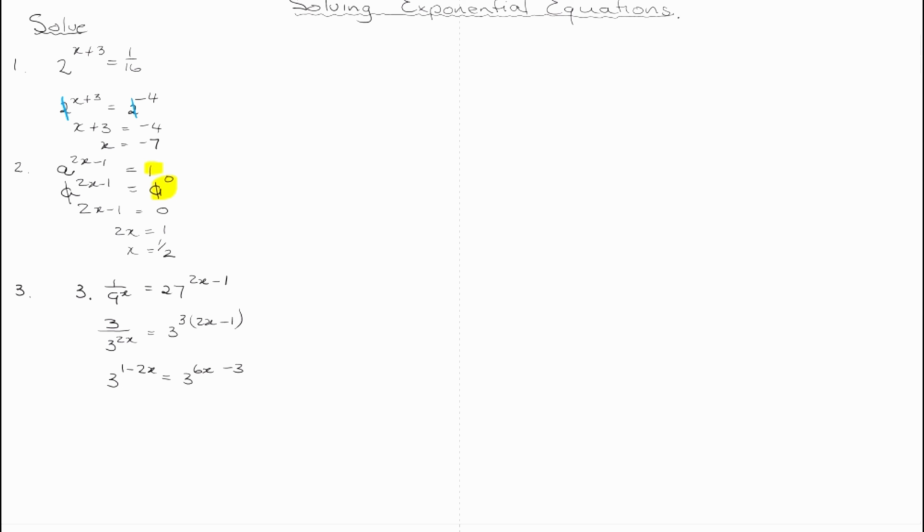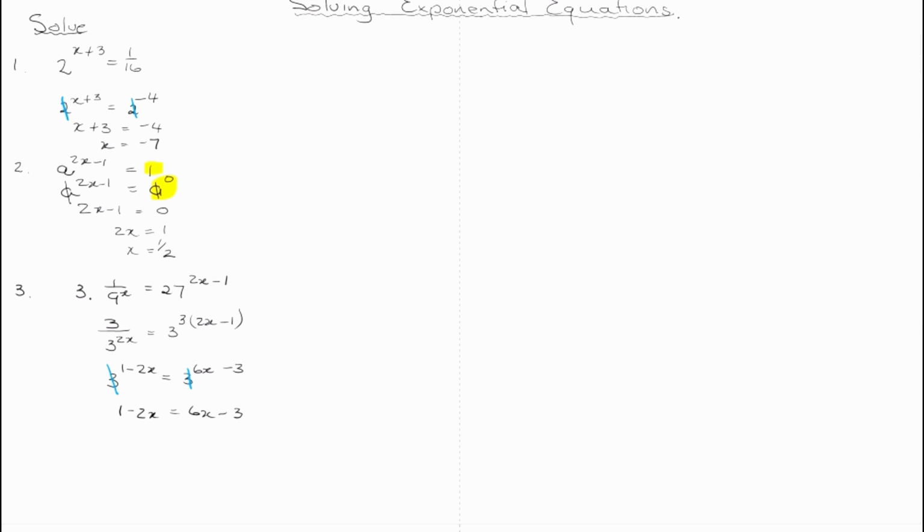I now have one base on either side. One base on either side, I may now drop those bases, but not before. And you're going to be left with 1 minus 2x equals 6x minus 3.